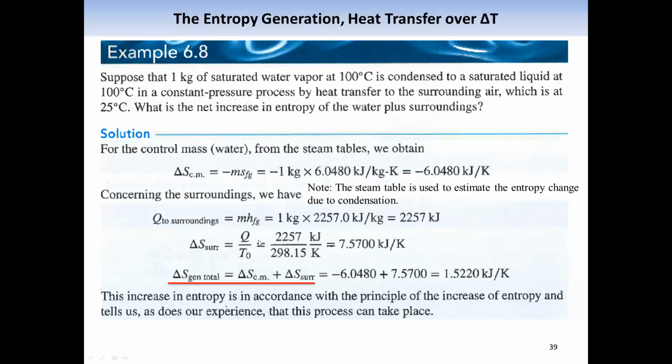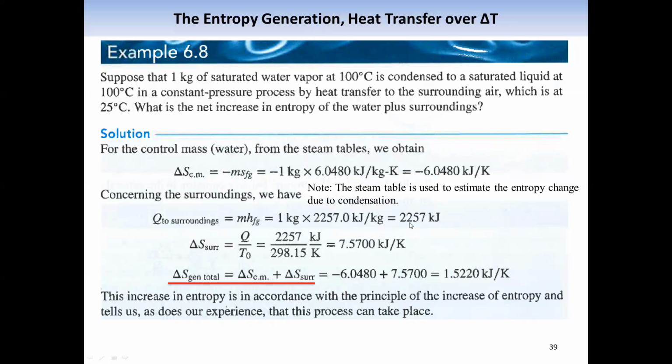During the water vapor condensation, the heat given away from the vapor goes to the environment in the same amount. So in order to estimate the heat transfer, we go to the saturated steam table again to estimate the change of enthalpy, m times h sub fg.